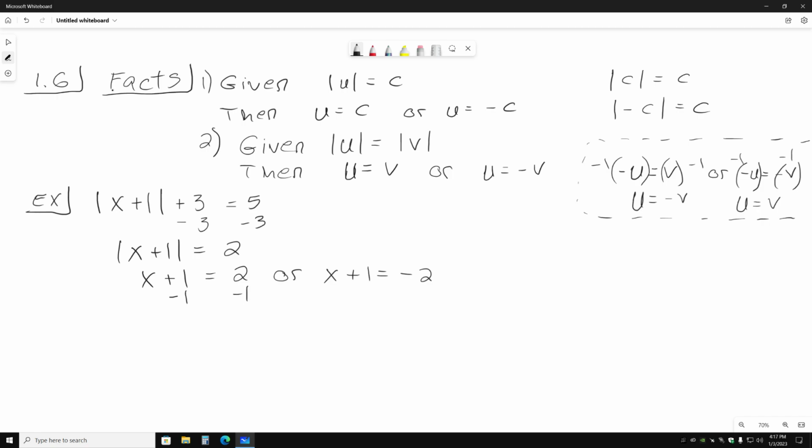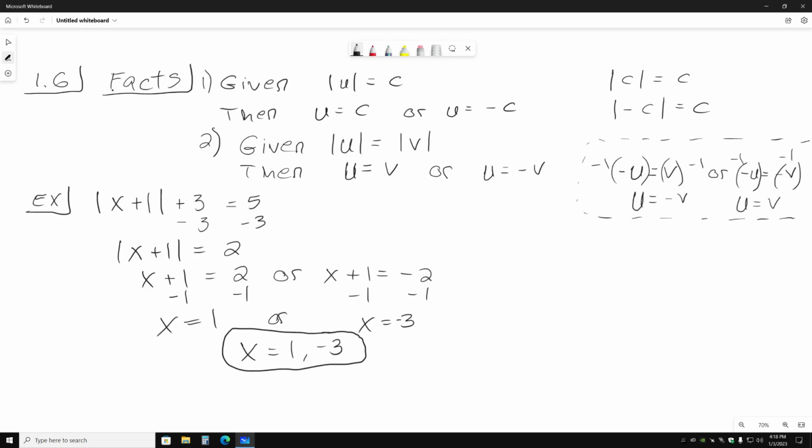We'll subtract 1 from each side on the left to get x equals positive 1, or subtracting 1 from each side on the right gives us x equals negative 3. Meaning x equals positive 1 or negative 3 is a solution to the original problem. And we can give this a quick check just to make sure these are correct.